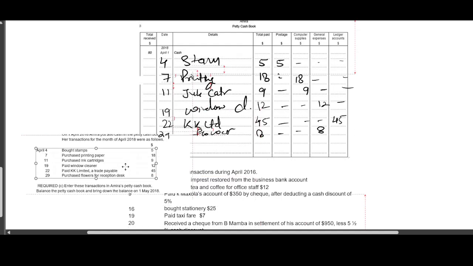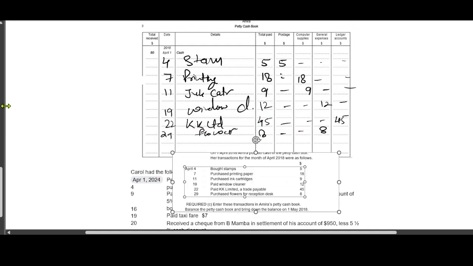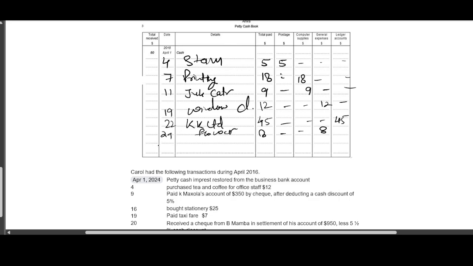So 80 is the total amount, you have to write it down, then balance carried down: 80 minus all these things, and your answer will be there.